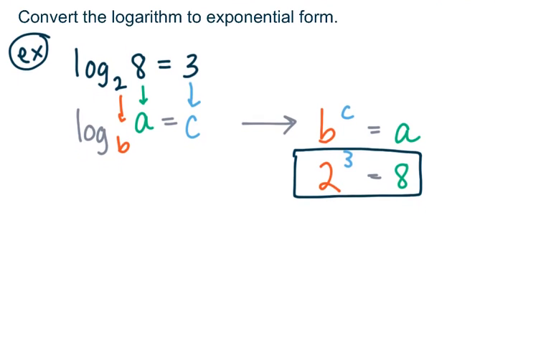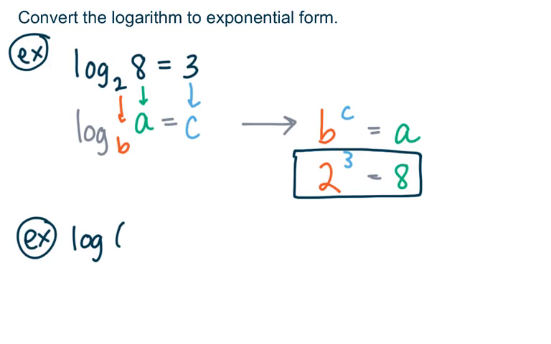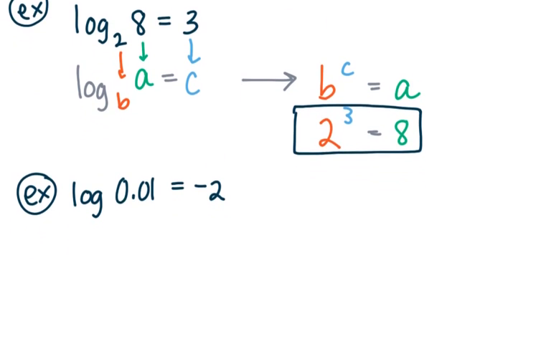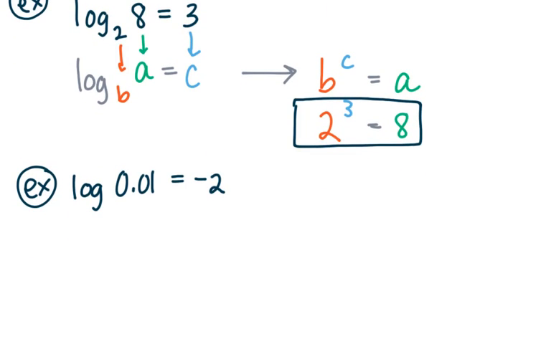So let's do 2 more examples of this. My next example here, log of 0.01 equals -2. So this is the same, since it's a common log and there's no base written, it's the same as writing log base 10 of 0.01 equals -2.